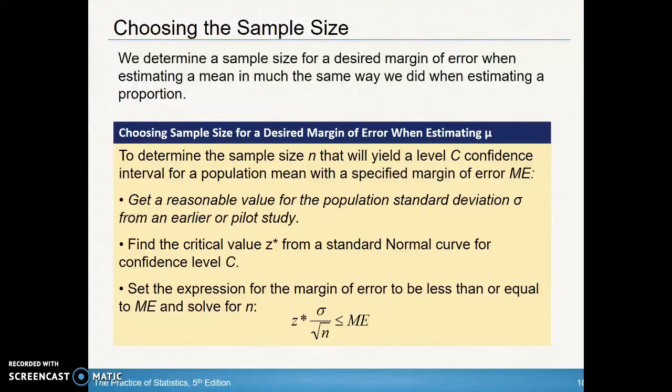And then you use this little expression down here at the bottom to find your margin of error, using z-star, using that standard deviation that you got from this other study over the square root of n. Now remember, this is only for if you're trying to choose a sample size. That's the only thing we use this for.